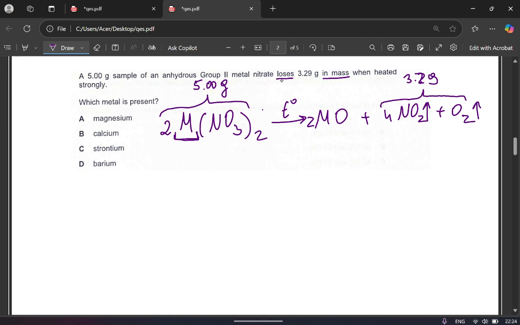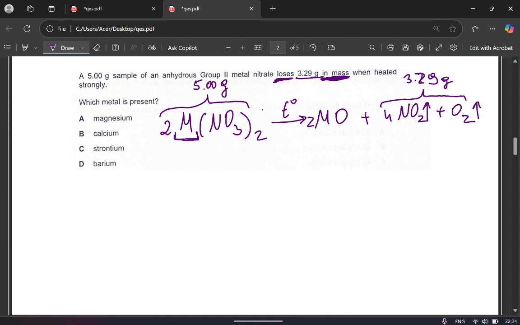So whenever a question says loses in mass, it means that there is a gas escaping the reaction. So we have 3.29 grams of gas. And since we have two gases, this 3.29 corresponds to the total mass of these two gases.